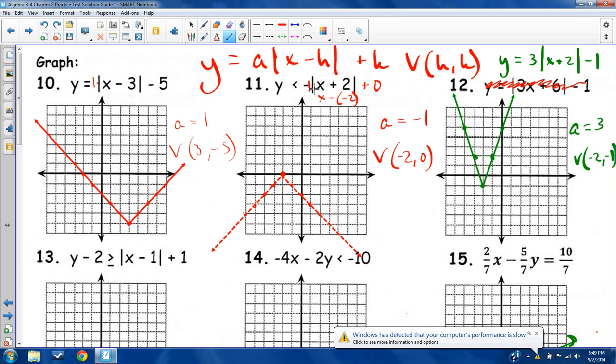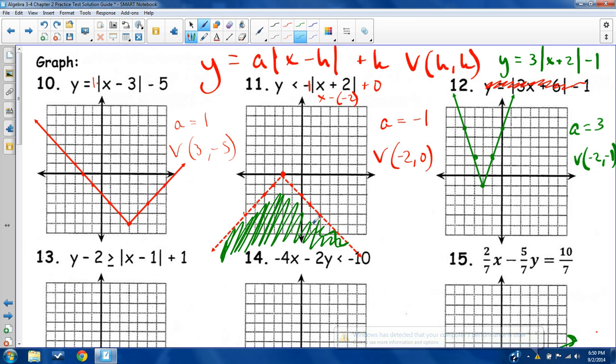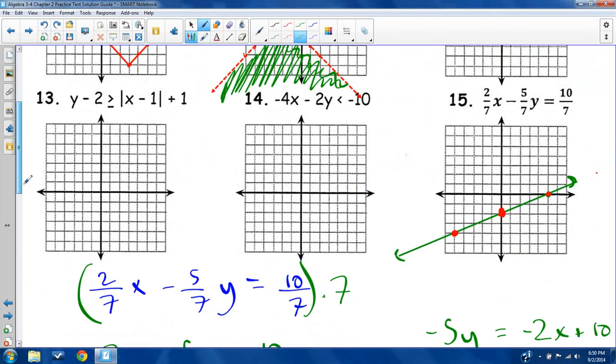But any point below, anywhere down here within this realm, will make it true. That's what you're aiming for. Meanwhile, the previous one wasn't an inequality, so any points on that line will make the equation work. This is an inequality, this is an equation. Make sure I do inequalities for these next two.